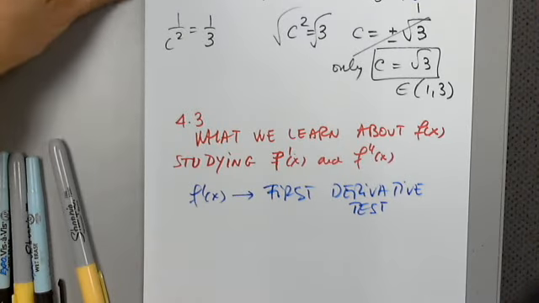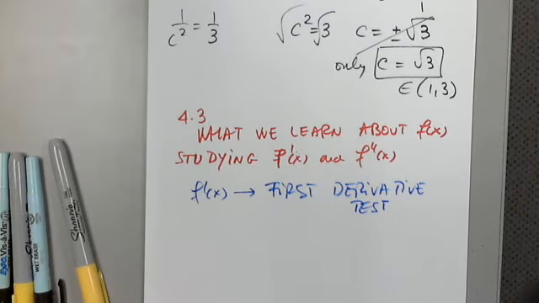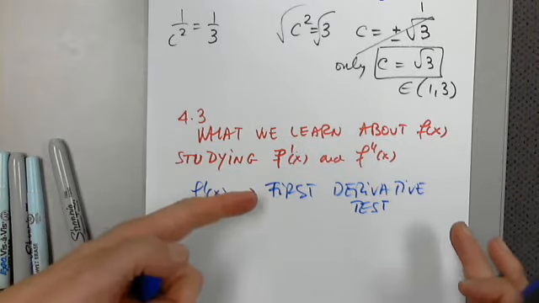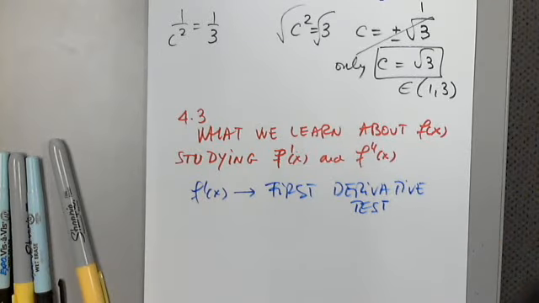Of course, the second derivative will be connected to the second derivative test. I personally very rarely use it. I will show you what it is, and I'll let you choose if you prefer to use the first derivative test or the second derivative test. They're both legitimate. They're both wonderful. For me, it's just a matter of habit. I use the first derivative, and I'll show you the difference between the two.